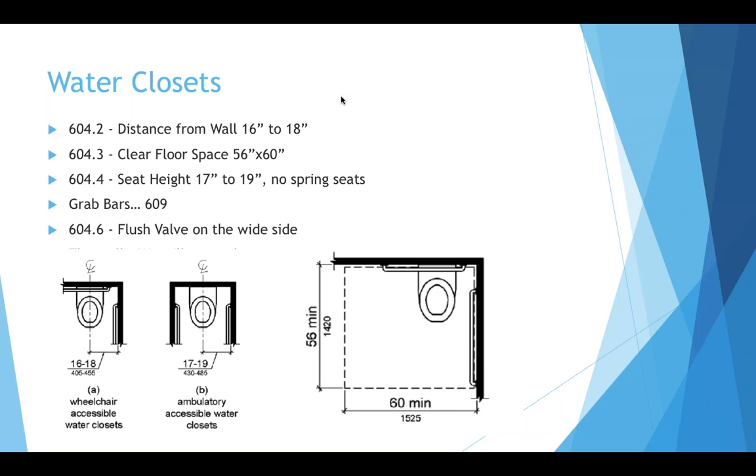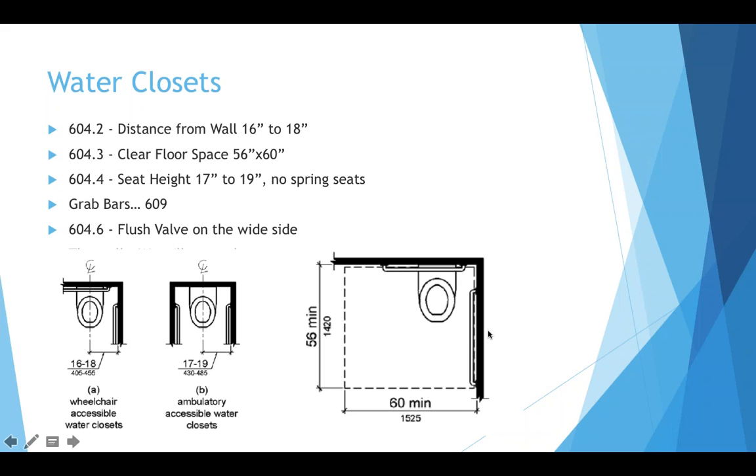You're now outside of the range and you're now liable for, even though it wasn't built to your drawing specification, you're now in that big pool of liability. So it's better to pick the number in the middle whenever you're given a range. In this case, in an ambulatory stall, 17 to 19, pick the number in the middle, 18. Here, when it's in a corner, pick 17.